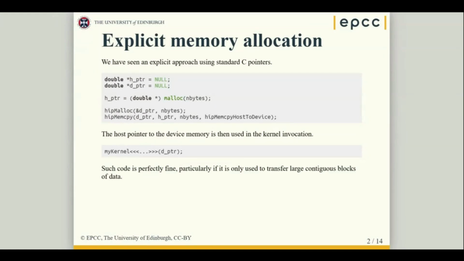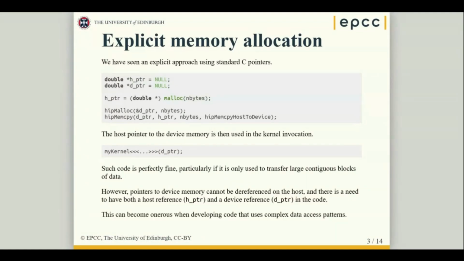In C++, for the host we use malloc, and for the device we use cudaMalloc, because we are allocating memory on the device rather than on the host. And then when we run the kernel, I use the device pointer. This is what we have done so far.